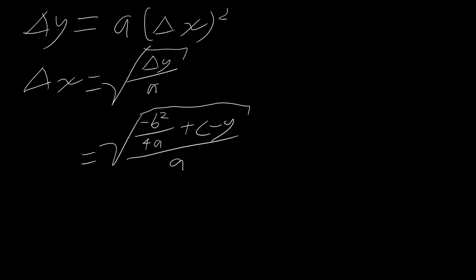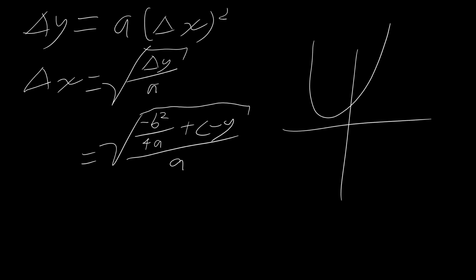over a. Here we have a problem though, because with a positive a, the parabola will be like this, and so the y of the turning point minus the y of somewhere else on the graph will give a y somewhere down here where there's no x coordinate.